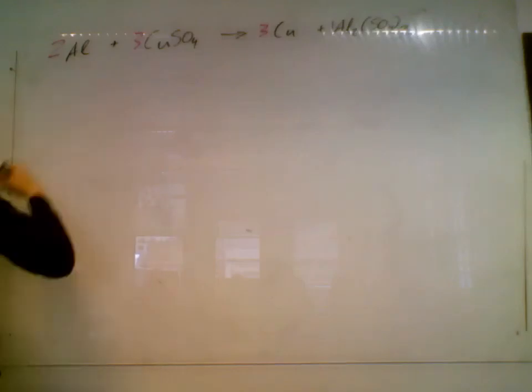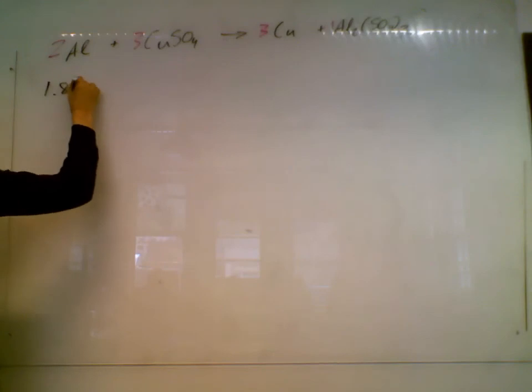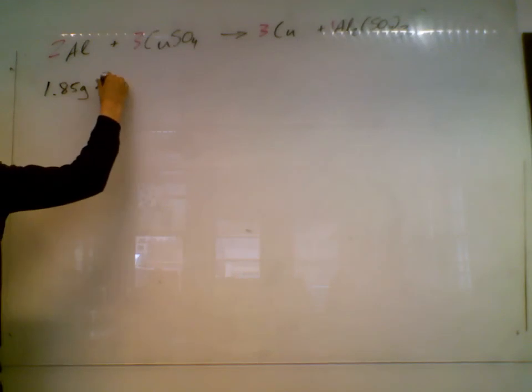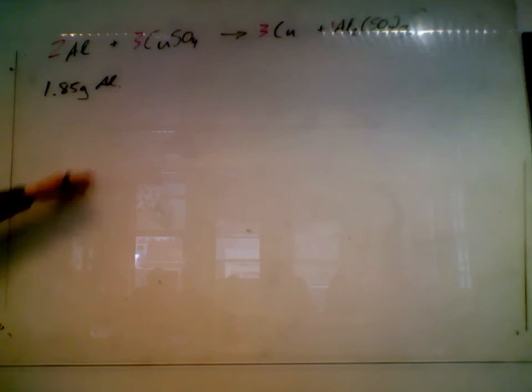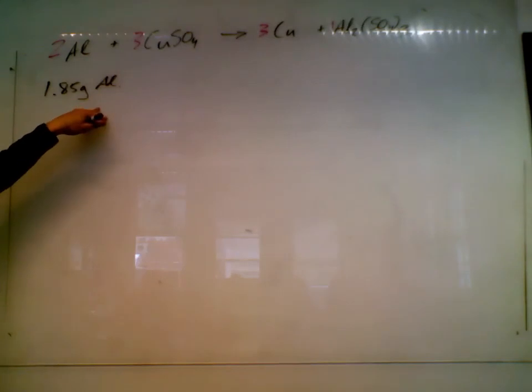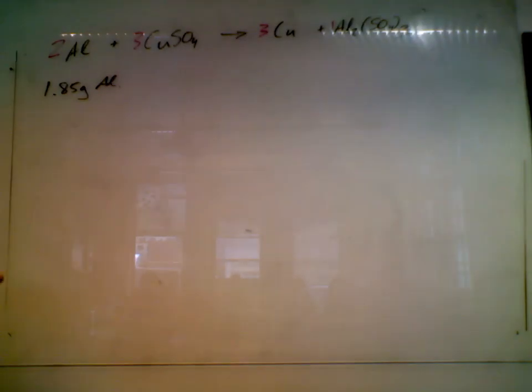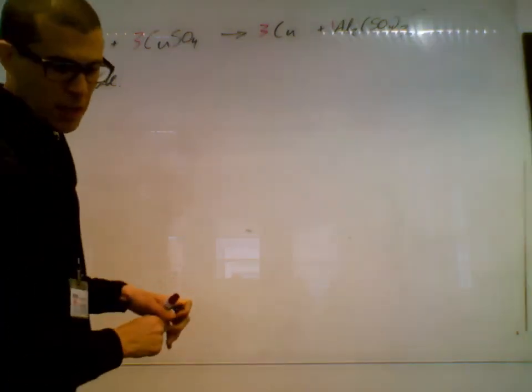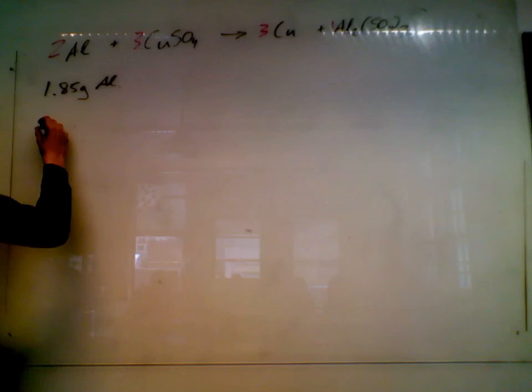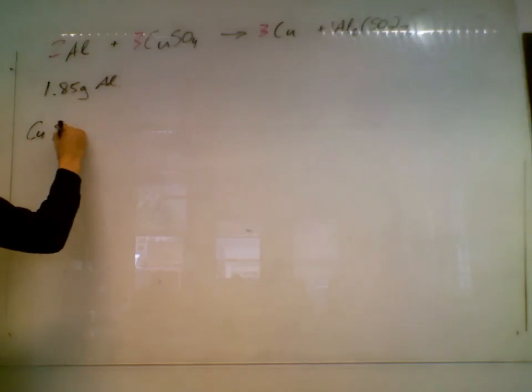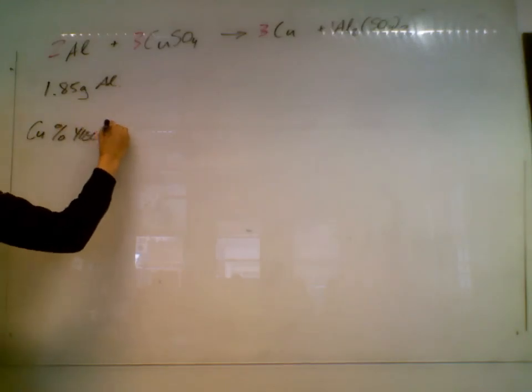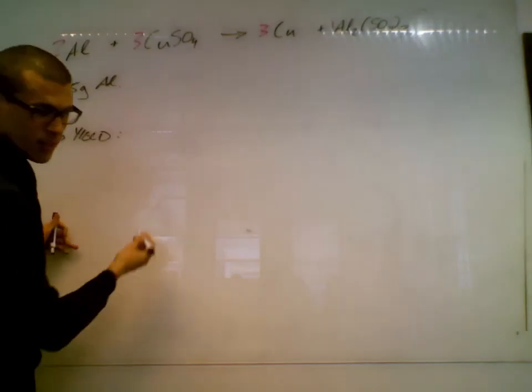It says to start off with 1.85 grams of Al. So let's say 1.85 grams. Right there, we know that that is the limiting reactant, so that's going to determine the theoretical yield of our product. We also know something very important: the percent yield of Cu equals 56.6%.